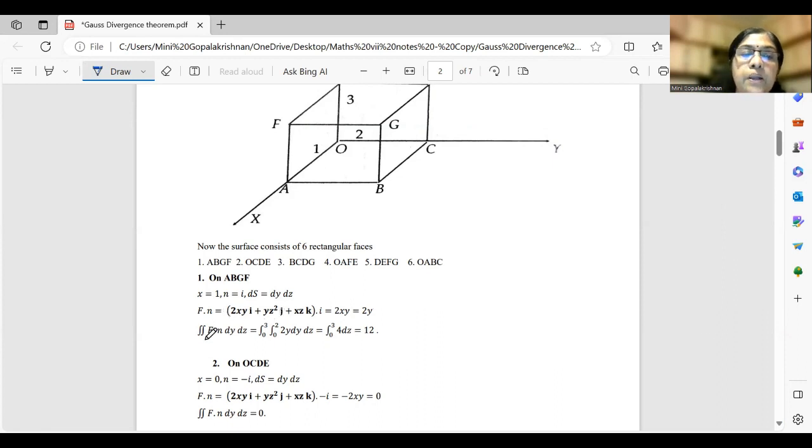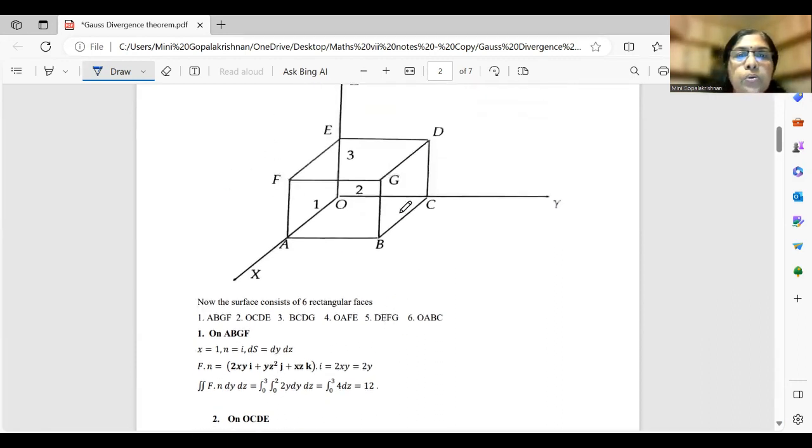So the double integral over S of f dot n dS becomes the integral of 2y dy dz, where the range of y will be 0 to 2 and the range of z will be 0 to 3, which is given in the question, and we integrate, we get the value 12.